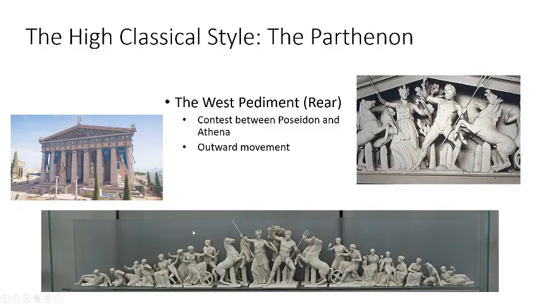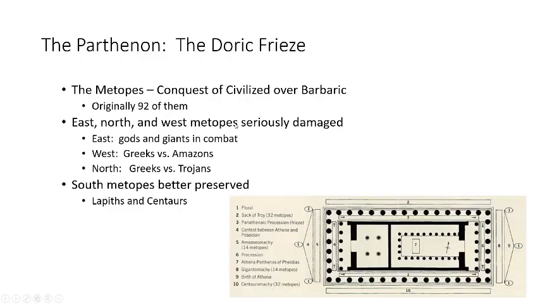Here we go. Looking at the west pediment, the triangular area, we see this contest between Poseidon and Athena, and everything's exploding from the middle and going outward. The Doric frieze, the triglyph and metope part, the little plaques in the front of the building, all show the scene of a conquest of the civilized over the barbaric.